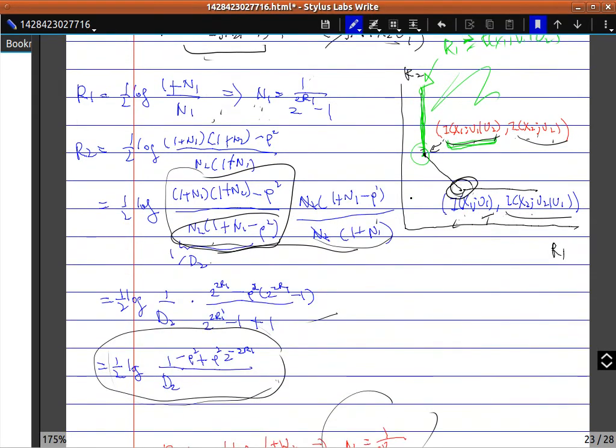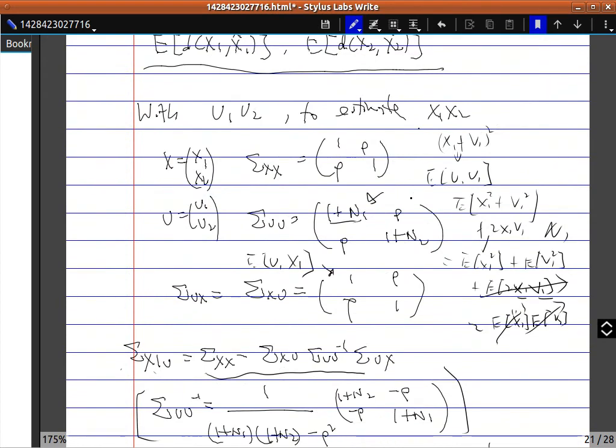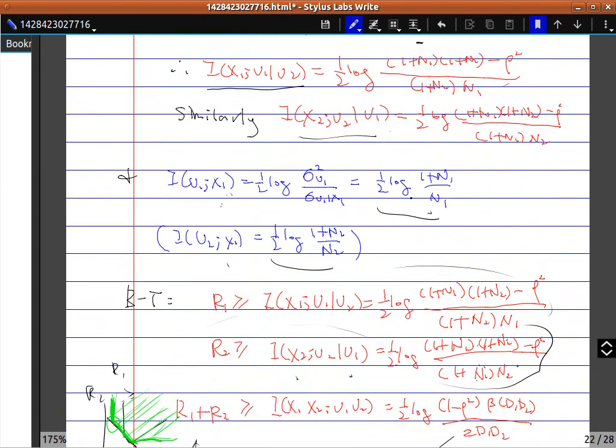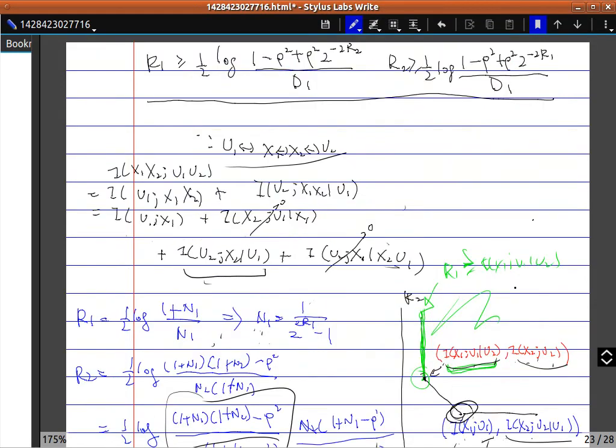Let's see if we have that here. For this one, if n2 goes to infinity, rho square can be ignored, so I just have 1 plus m1 over m1 basically.